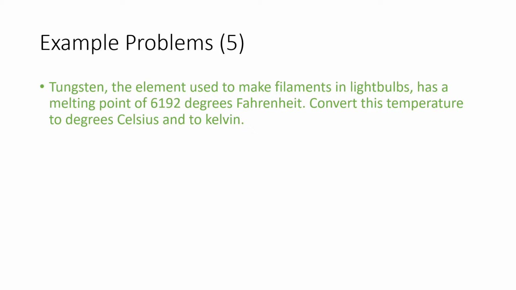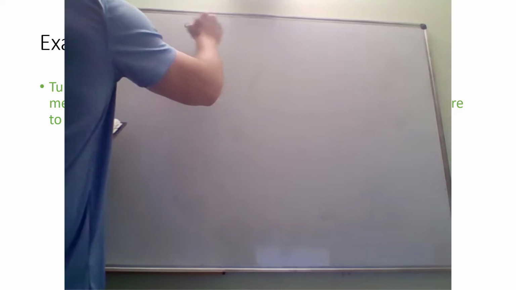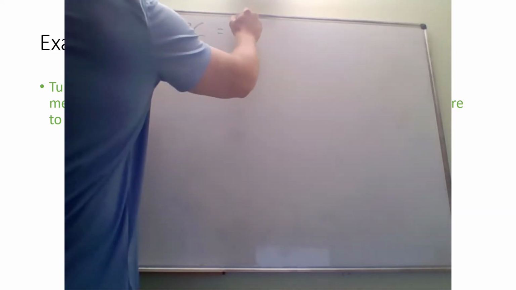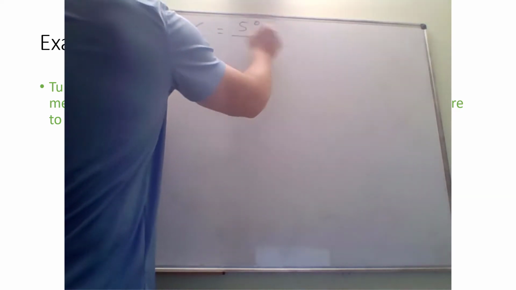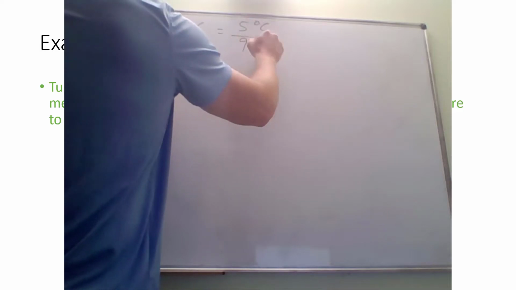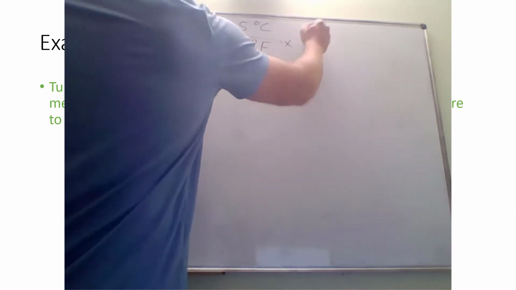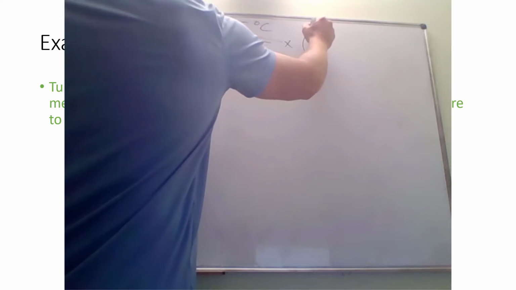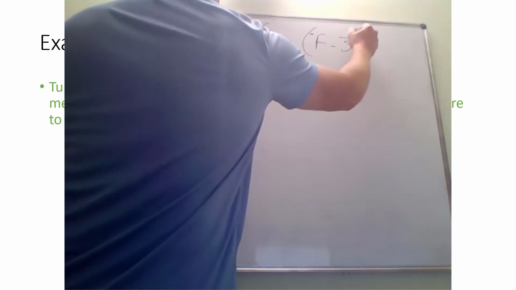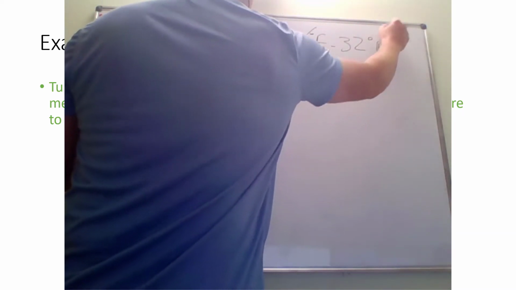We're going to be converting Fahrenheit into Celsius or Kelvin. So we need to find the conversion factors for each. We know that degrees Celsius is equal to 5 degrees Celsius over 9 degrees Fahrenheit times the quantity degrees Fahrenheit minus 32 degrees Fahrenheit.